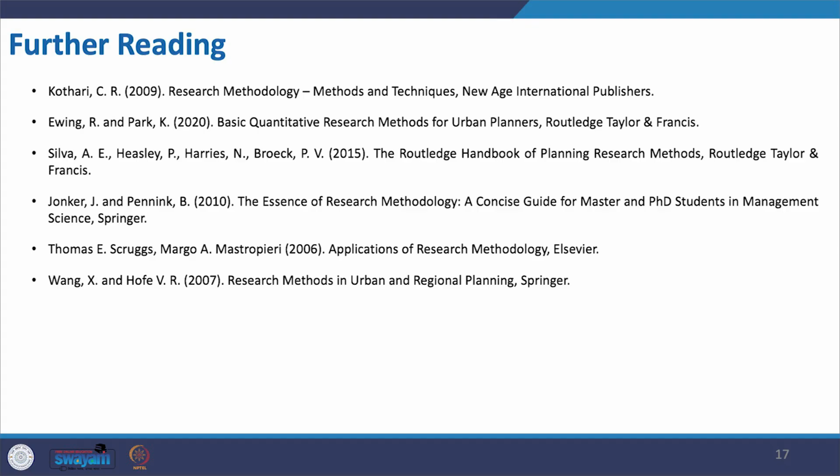These are some further reading. As I already promised, now we'll discuss 5 case studies one after another, where the researchers have adopted the quantitative research approach for their particular study, how they have used different methods and different sampling strategies, and finally how they could publish those findings in a good journal.